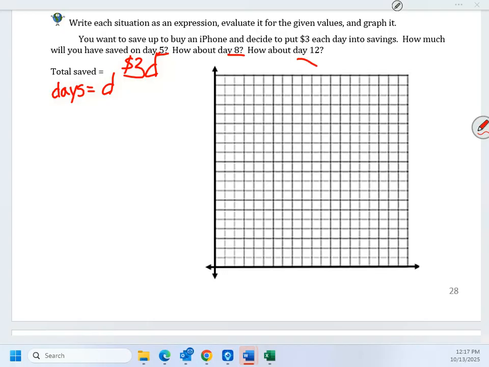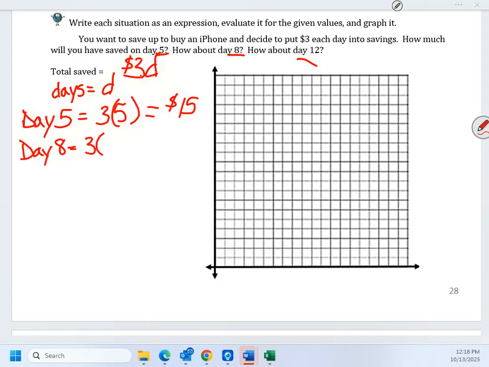So on day 5, I'm going to use my equation. 3 times what? 5. Times 5, because it's day 5. 3 times 5 equals what? $15. So my next one is day 8. So I do 3 times 8.